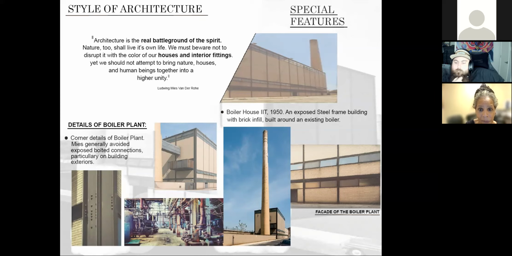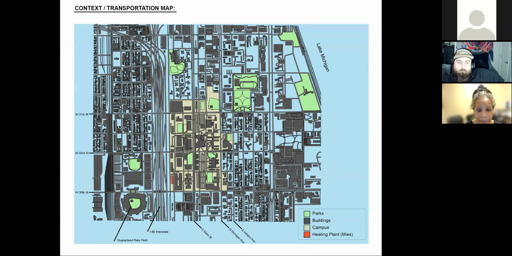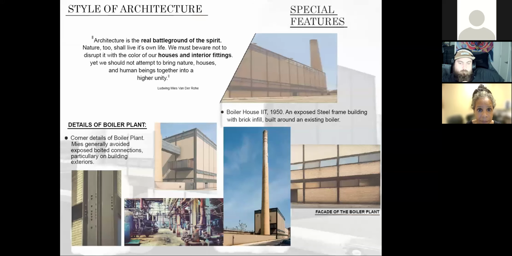As we move forward, the special features of the boiler plant, the boiler house at IIT: he completed the construction in 1950. Mostly steel frame structures were used in it, and the location alongside the railway lines was chosen so that the fuel could be delivered directly to the building.